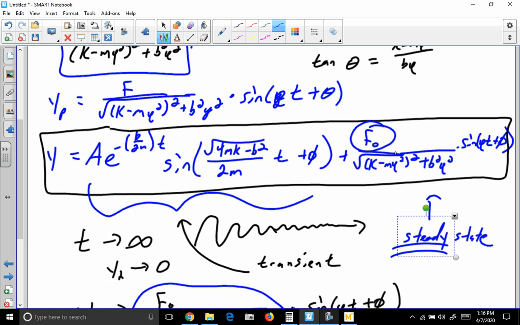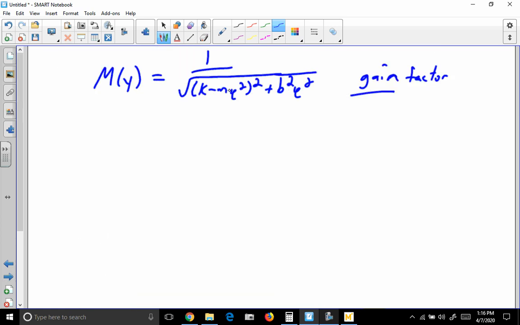So depending on what that denominator is, that's going to affect whether we are magnifying that initial force, or dampening, weakening that initial force. So if we look at a graph of this, this is what's known as the frequency response curve or the resonance curve.